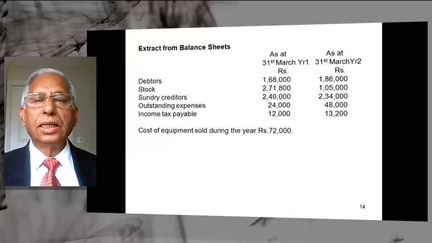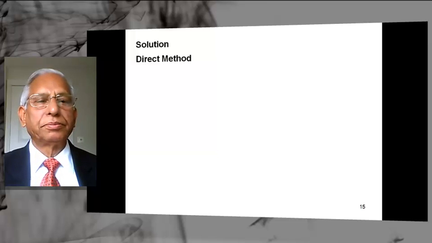Now this is the illustration from which we will prepare cash from operating activities as per direct method and indirect method. Now please see the solution. First we are doing as per direct method.